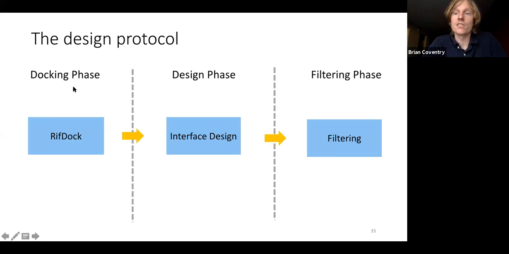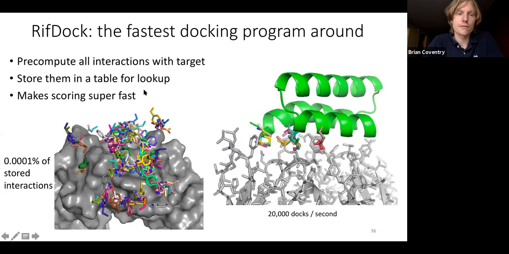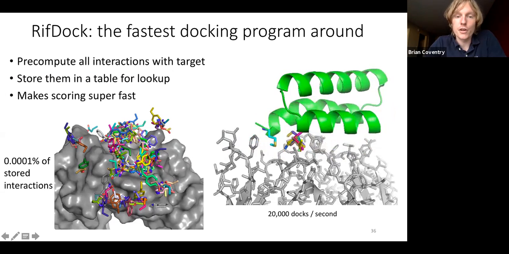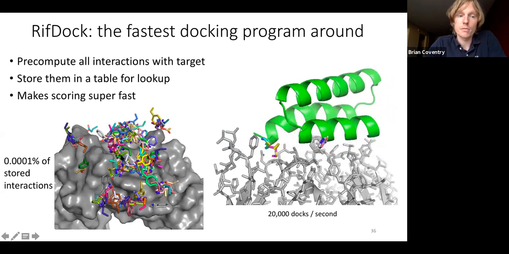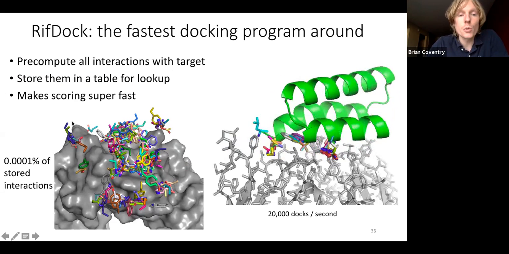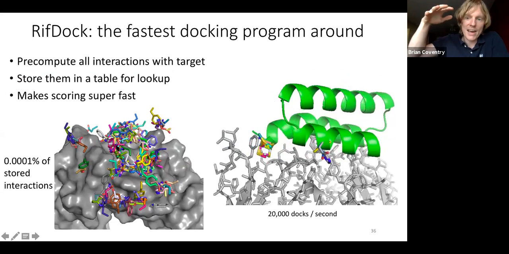Next up, we need to fix the docking phase. Yeah, so here's where RiffDoc comes in. RiffDoc's this neat program written by Will Scheffler. And the idea is you can pre-compute all of the good interactions with the target beforehand. And this is a tiny fraction of what's stored. And then you can store the backbone positions in a hash table, like a 6-dimensional hash table.